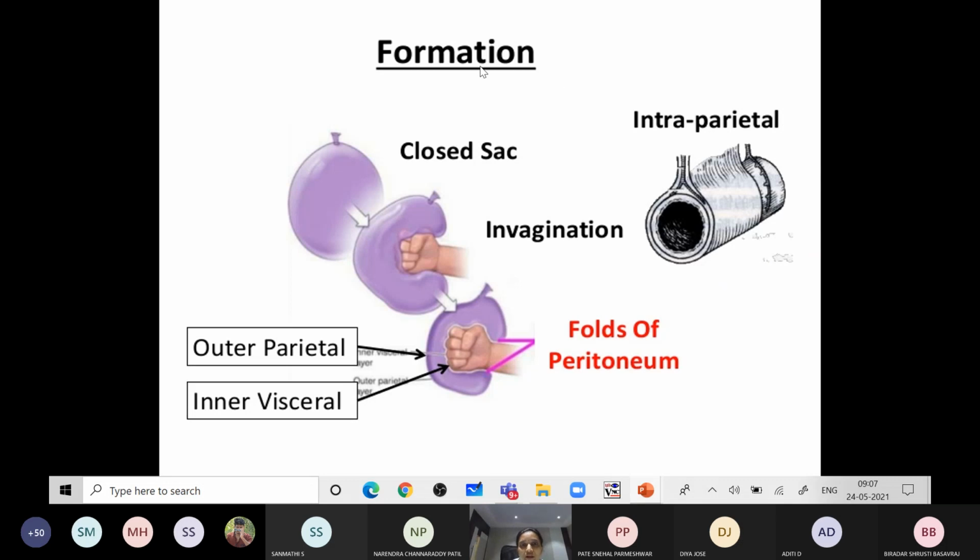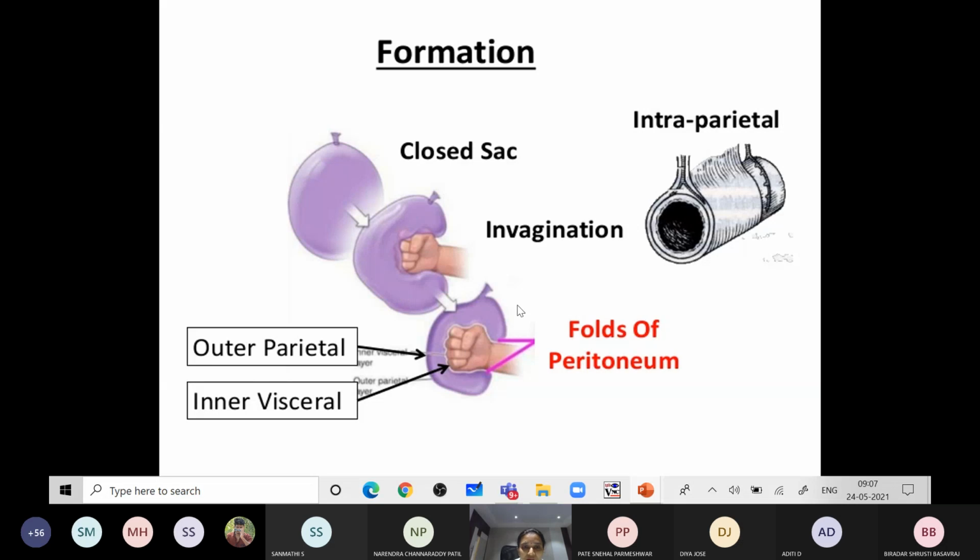How is the peritoneum formed? Similar to the pleura, which I took in the last class, you can compare the peritoneum, the closed serous sac, with a balloon. The different abdominal organs invaginate into this closed sac.